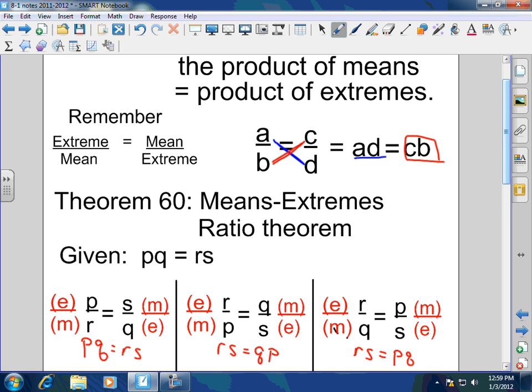So with the means extremes ratio theorem, you can make the extremes or the means anything you want. You can switch them around, but you have to switch everything around so that the original cross products stay constant throughout. Does that make sense, guys?